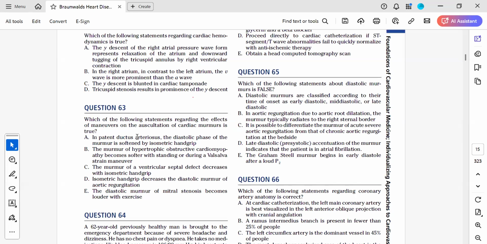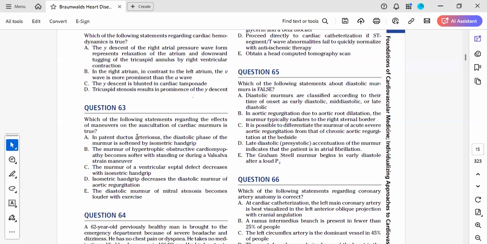Now, if the person has a dilated aortic root, that means the murmur can radiate more to the right sternal border, because the aortic root is now dilated, hovering over the right. If you remember how the arch forms, the ascending aorta comes from the left to the right and arches back to the left side.